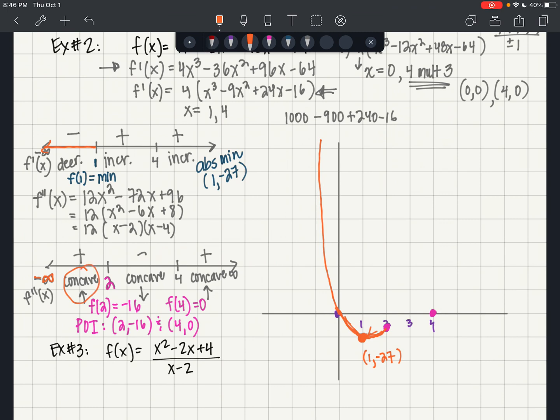Then from 2 to 4, we're concave down. So at this point right here, this is cool stuff, our concavity changes. So we're not drawing up like this anymore. Now we're drawing down because it's concave down.